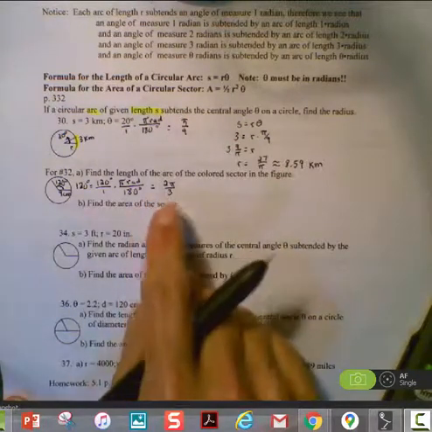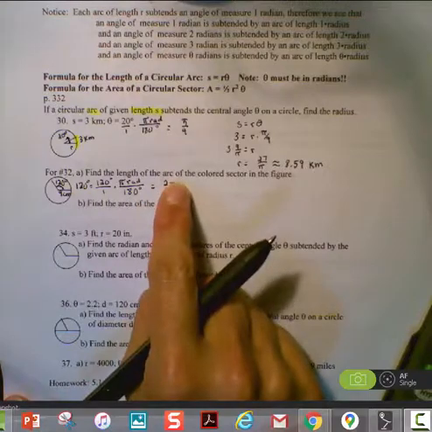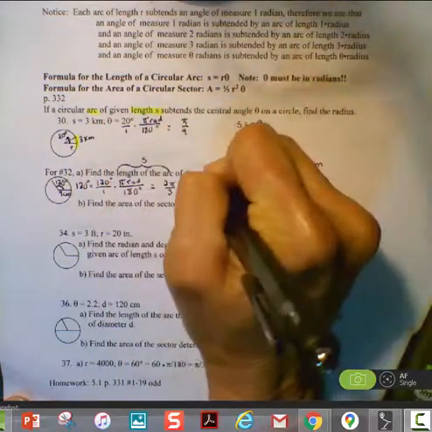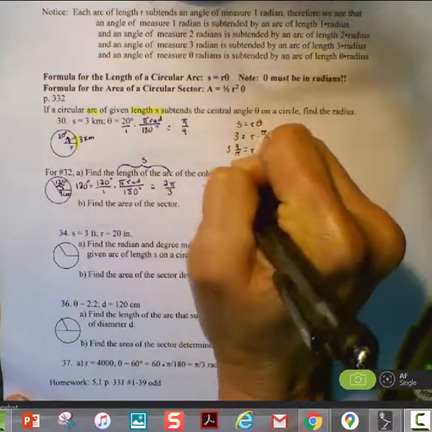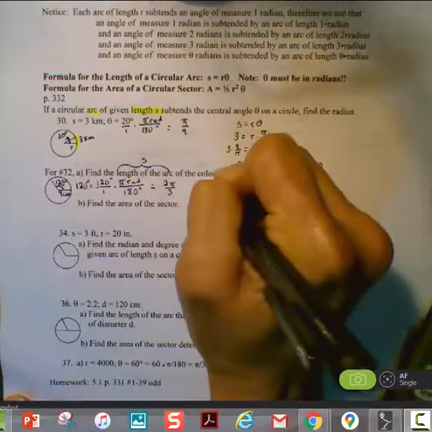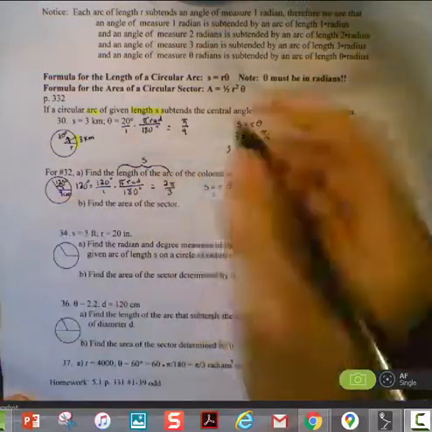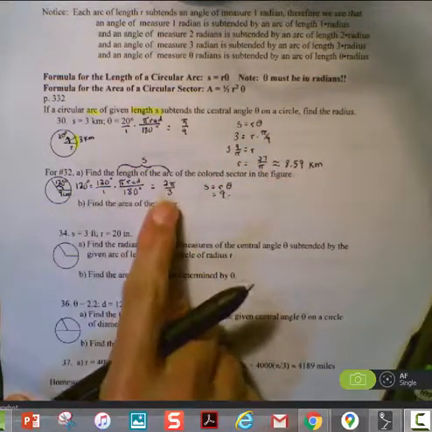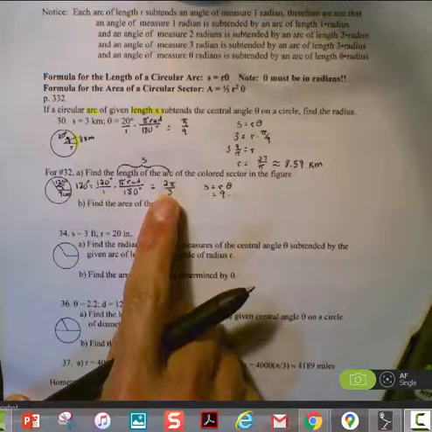Now, in the A part, I'm asked for the length of the arc. That's S. And S equals r times theta. We're given the radius here is 9 centimeters, and we have theta in terms of radians.